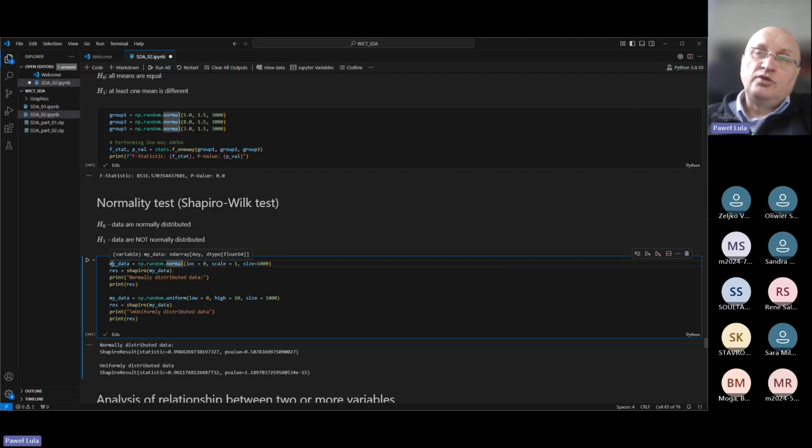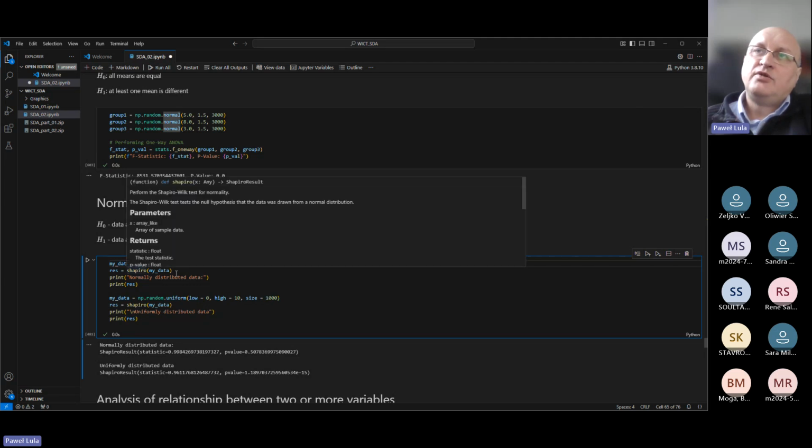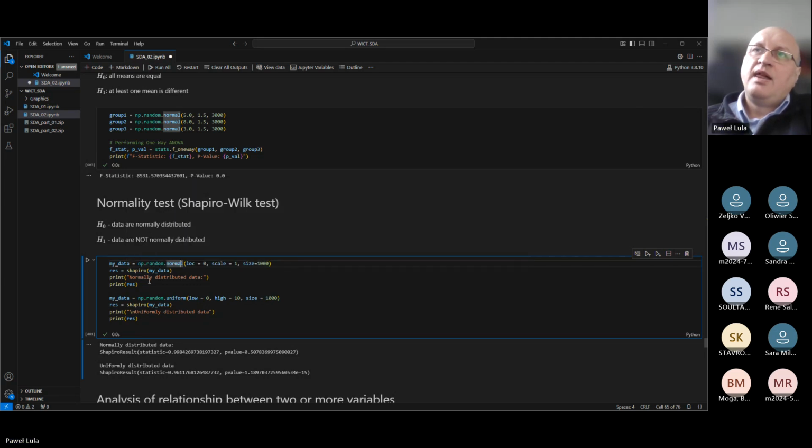So I want to verify this hypothesis using the data which I have in our sample. I used the Shapiro-Wilk test. This procedure is for it, using this data, and the results are here.